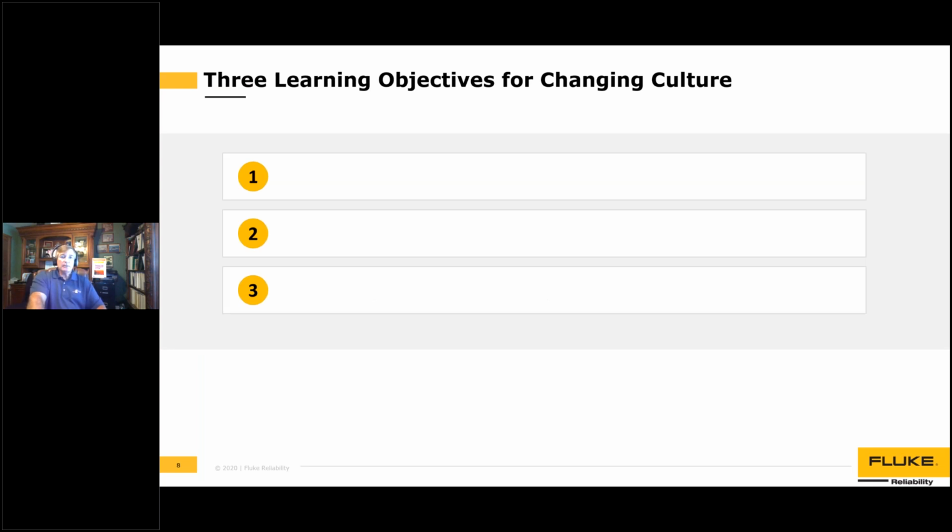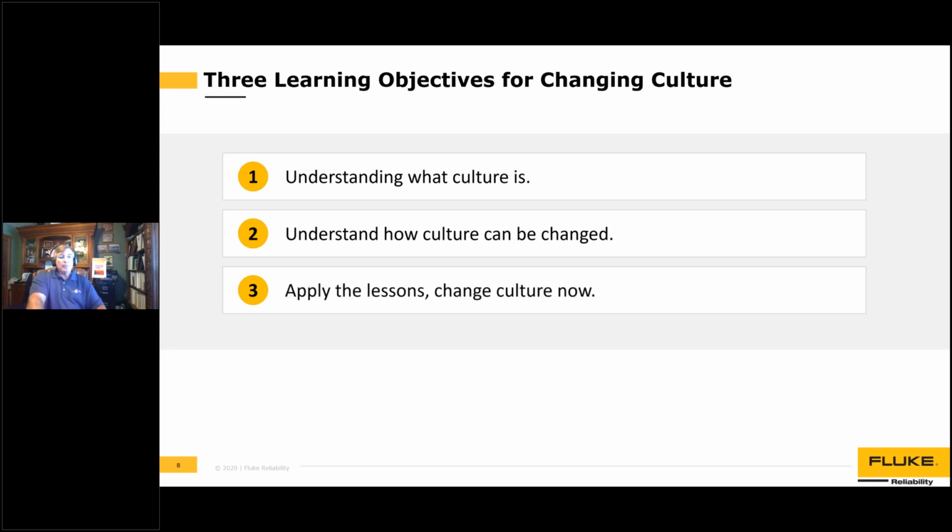A couple of learning objectives for culture change. The first thing is understanding what culture is, and I have a very simplistic model or methodology for describing that. The second thing is understanding how culture can be changed, and then applying lessons to change culture now.